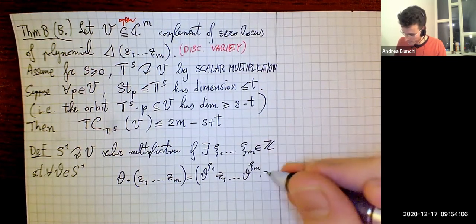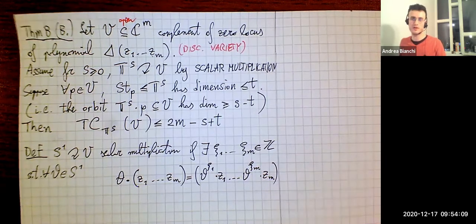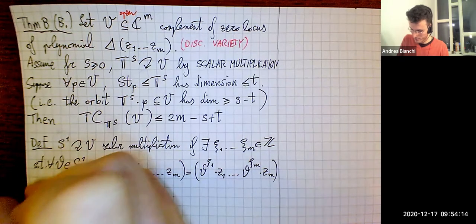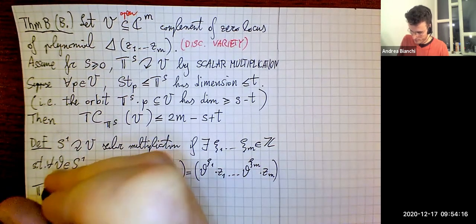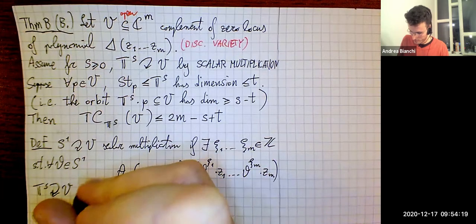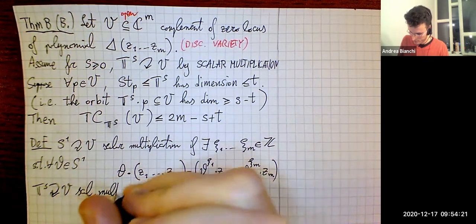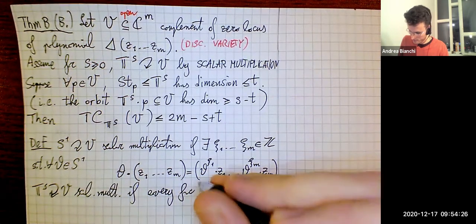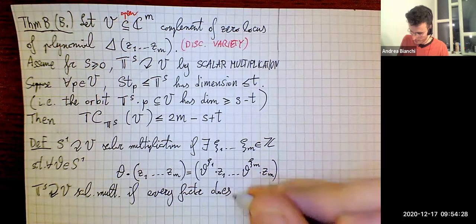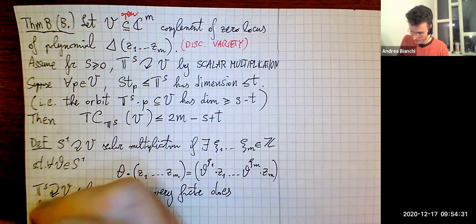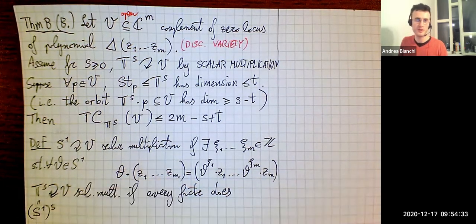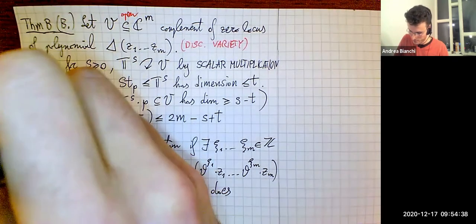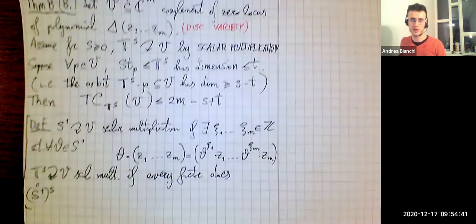But as you see, it's a very well-behaved action of S1 on V, and let me just say that Ts acts on V by scalar multiplication if every factor does. I mean, Ts is the s-fold product of S1.